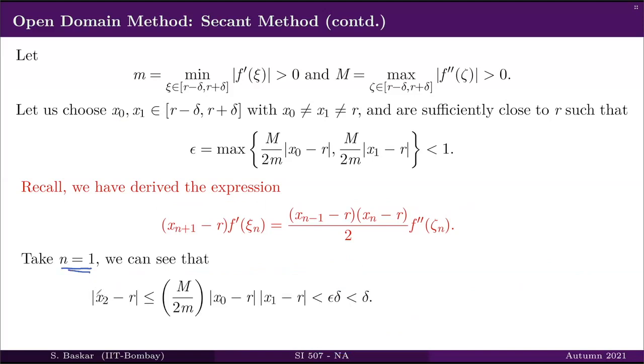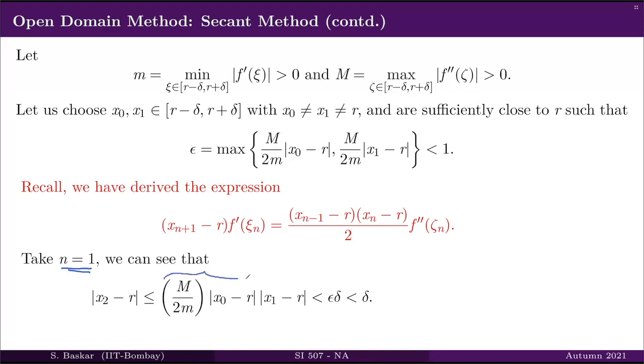We get mod x_{n+1} minus r. Since we have taken n equal to 1, it is mod x2 minus r is less than or equal to M by 2m times mod x_{n-1} minus r, that is x0 minus r, into mod x_n minus r, that is x1 minus r. Now I'm just conveniently using my information.